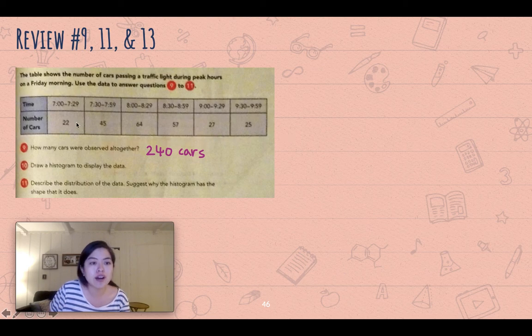Okay, so I see that the highest number of cars are 64 and 57. Okay, those are quite high. And it's between 8 o'clock to 8:59.